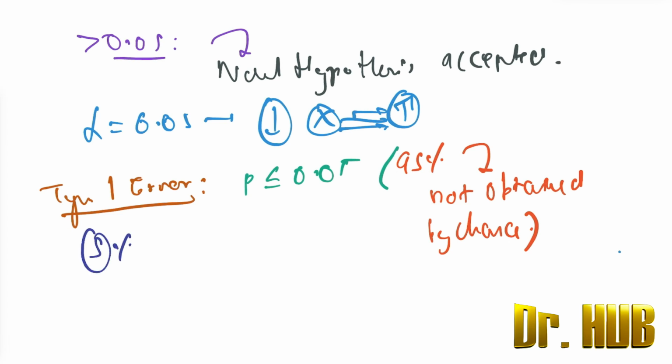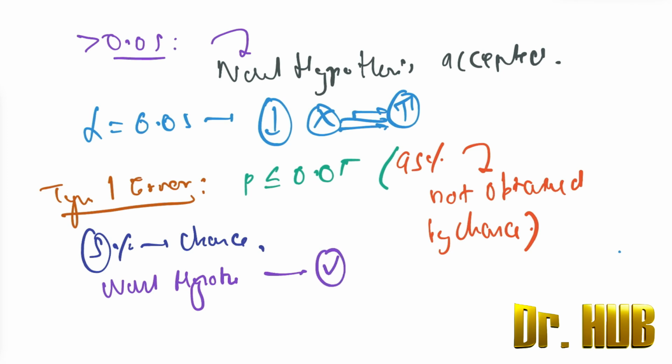From this we can deduce that the null hypothesis might indeed be true even though it is rejected. This is what we can understand from this.